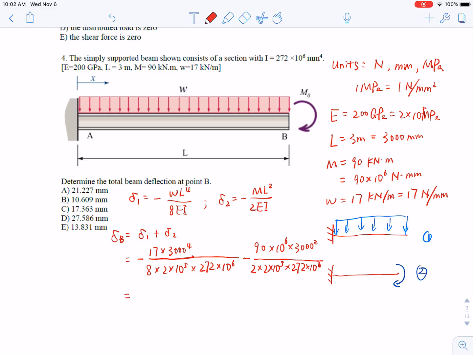So if you calculate it correctly, you will get negative 3.164 minus 7.445. You will get negative 10.609 mm. So the correct answer is here.